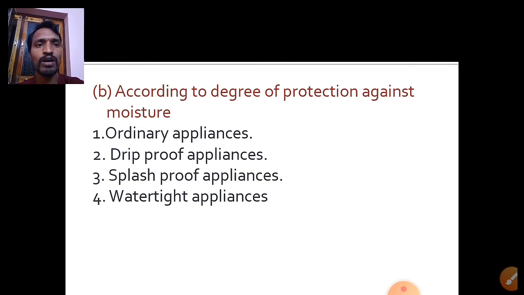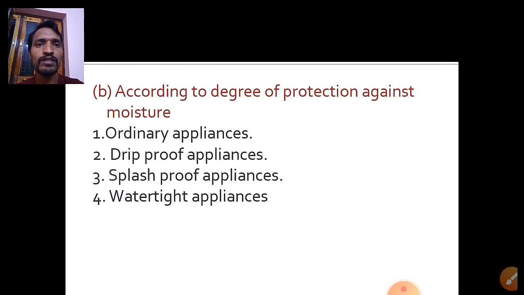Ordinary appliances: generally all appliances come under ordinary appliances. These protect the appliances from moisture, the water vapor present in the air. Drip proof appliances mean protection from some water droplets. Generally our smartphones come under drip proof appliances.